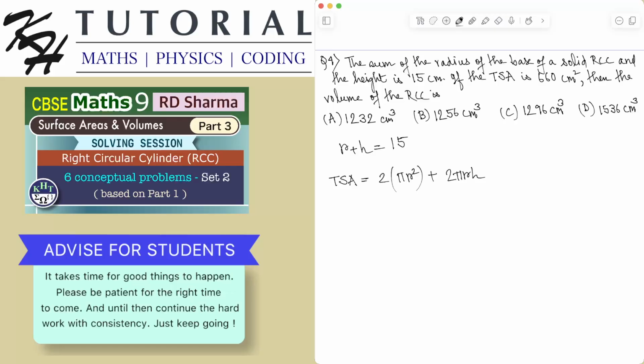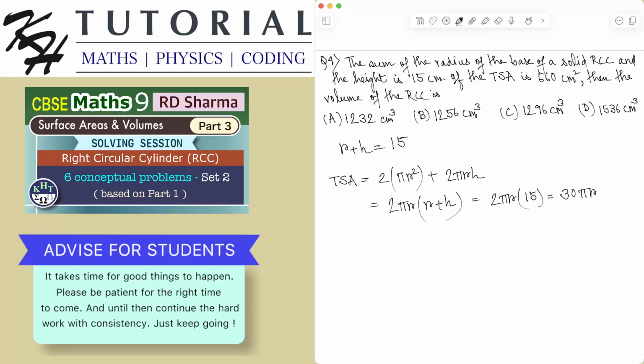We know the formula is 2 pi r multiplied by r plus h. Since r plus h is given as 15, this will be 2 pi r multiplied by 15, which is 30 pi r.